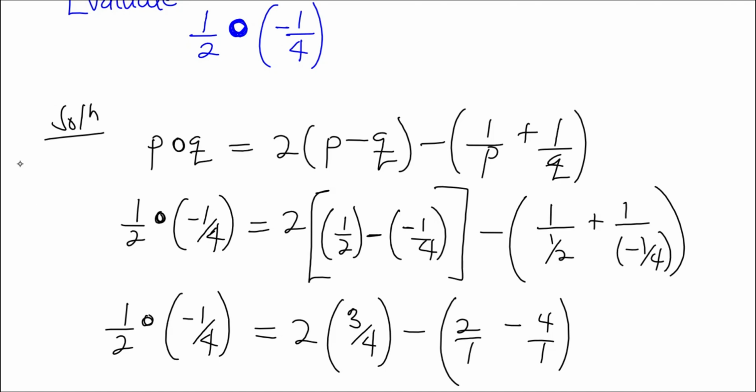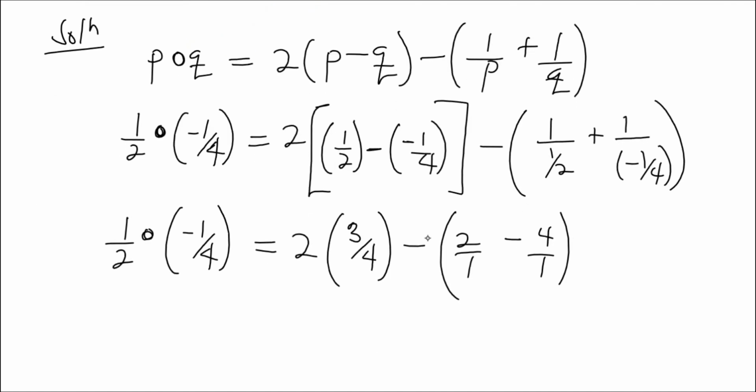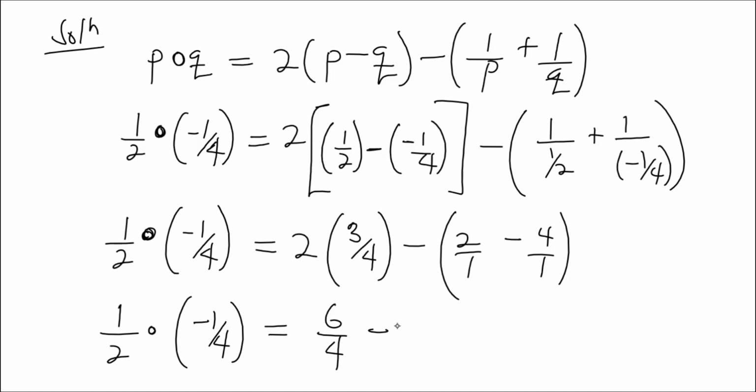And definitely they are going to give us 2 and minus 4 respectively. So here we are going to have 1 out of 2 dot minus 1 out of 4 is equal to, so when 2 multiplies 3, we are going to get 6 out of 4, and we have minus, so here that is basically 2 minus 4.